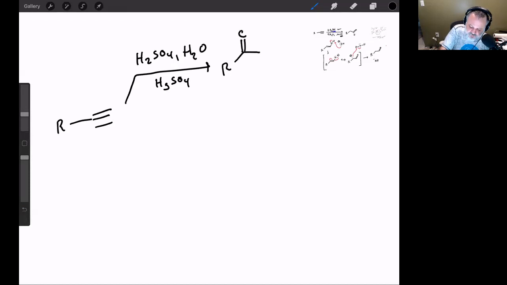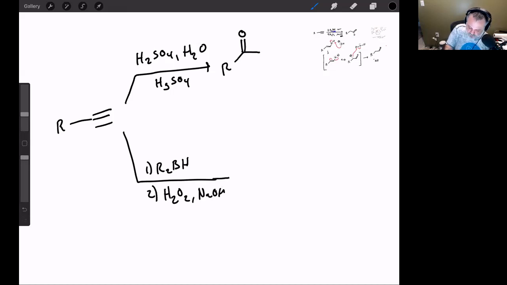In this case, I form a ketone. I can do an anti-Markovnikov addition. In this case, it tautomerizes as well. These conditions are basic, but this way I form an aldehyde.